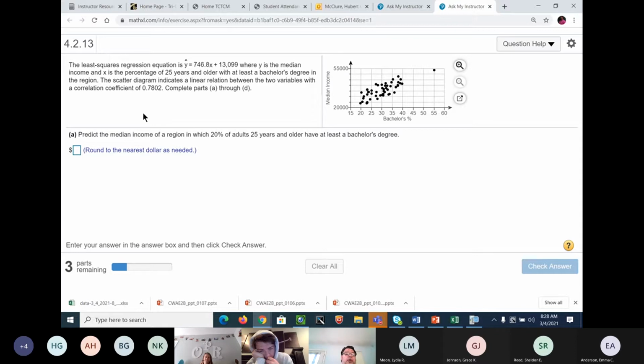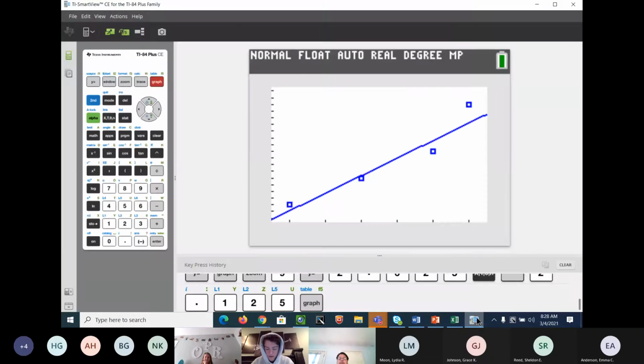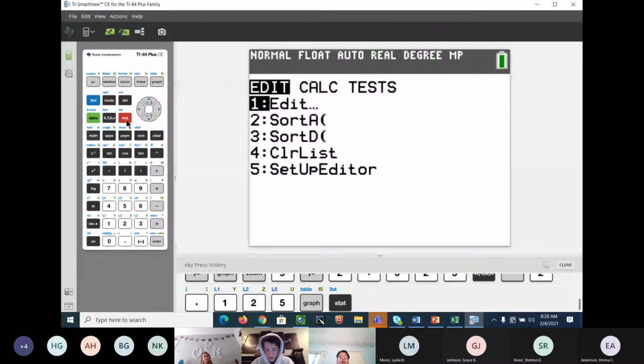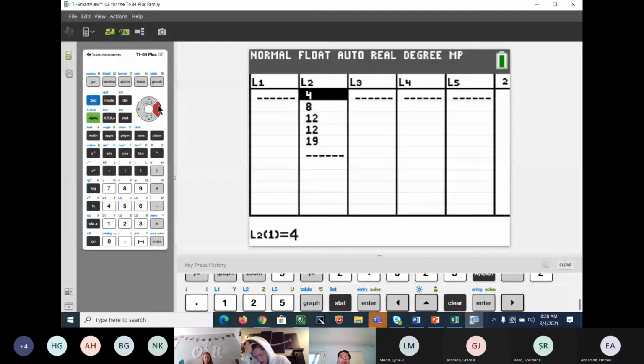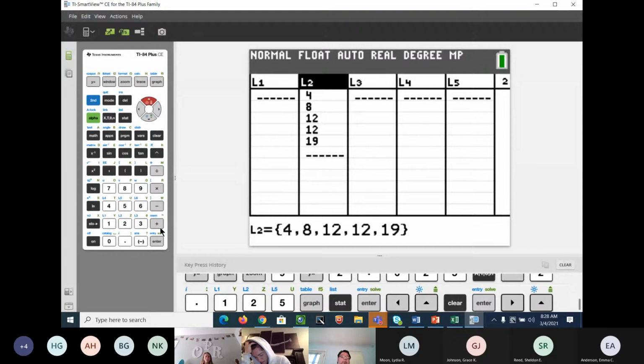Predict the median income of a region in which 20%, so you're going to plug in. You can do this two ways. The easiest way is with your handy dandy calculator. Go into stat and clear, because you don't want any points. Hit clear, enter, and clear, enter.